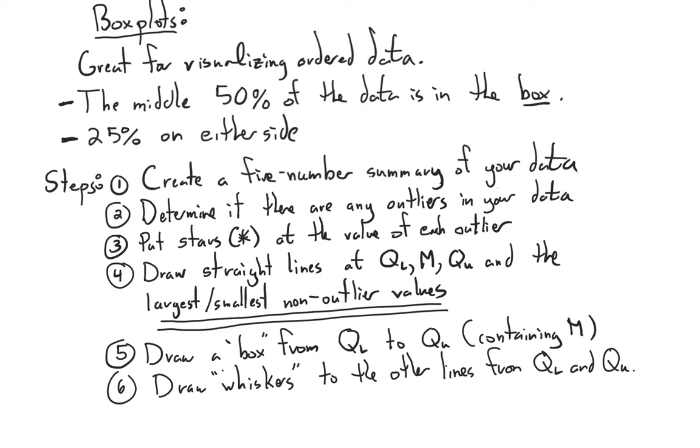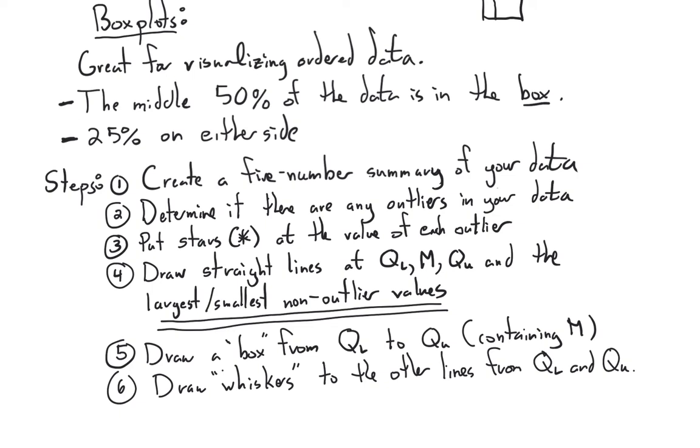And instead of having each bin the same width, we say that each bin contains the same amount of data, and that amount of data is, of course, 25%. So the idea, it's going to look something like this. I'll just sketch one, and then we'll do an example on the next slide.